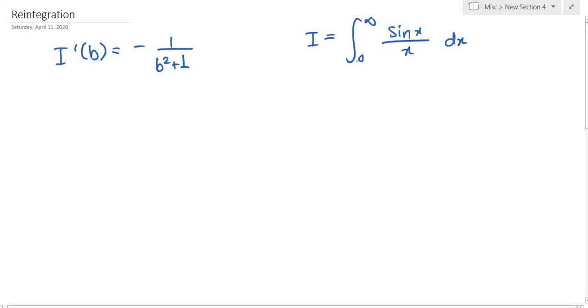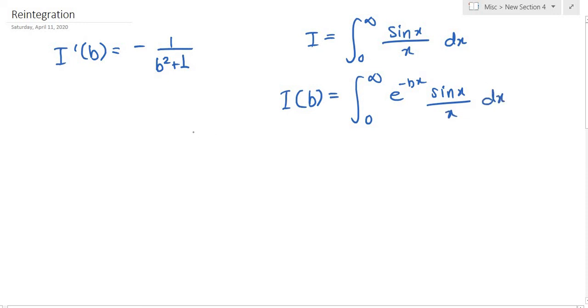Now we want to integrate from a value where our I of b is 0 to a value where our I of b is equal to I. So I'll also write I of b for some perspective again: integral from 0 to infinity of e raised to negative bx times the sine of x over x dx.